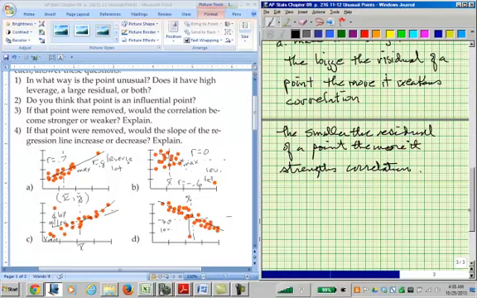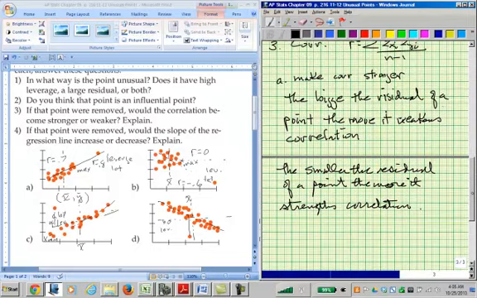Okay, so the bigger the residual of a point, the more it weakens correlation. The smaller the residual of a point, the more it strengthens correlation.